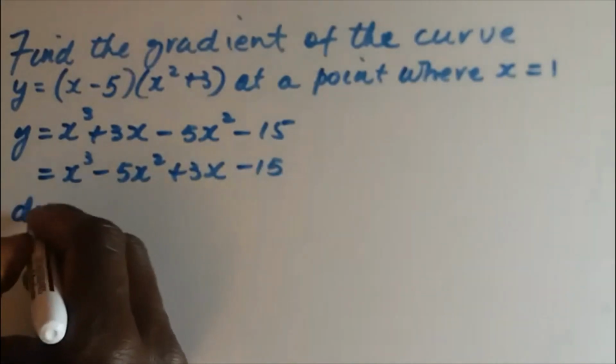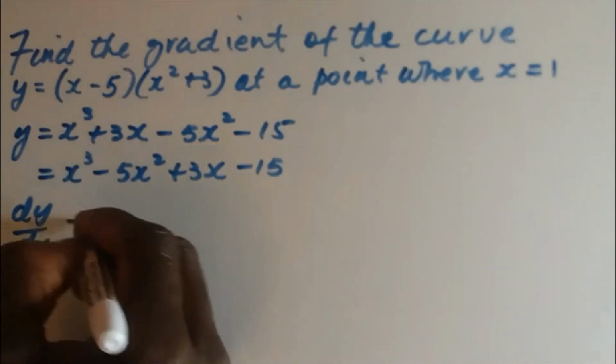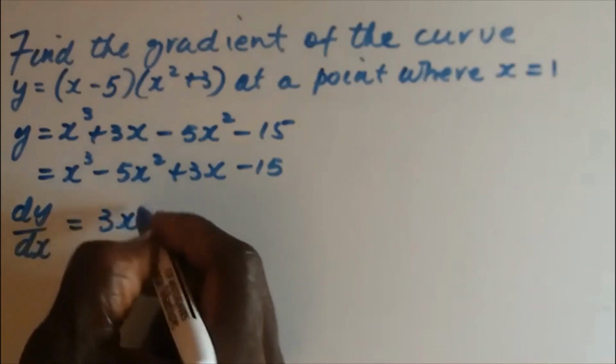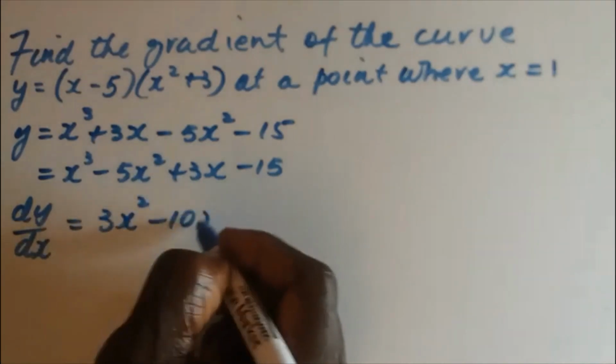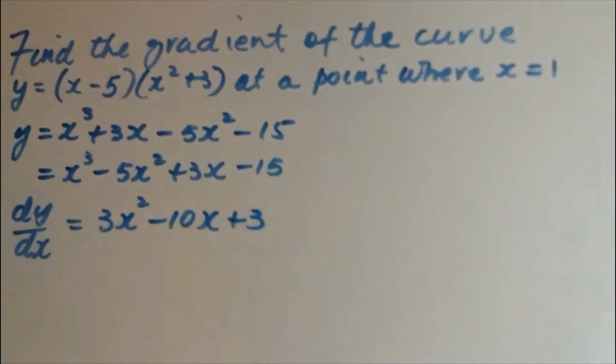So dy dx is equal to 3x squared minus 10x add 3. So now we have the gradient function, which is 3x squared minus 10x add 3. But we need to find what the gradient is when x is equal to 1.